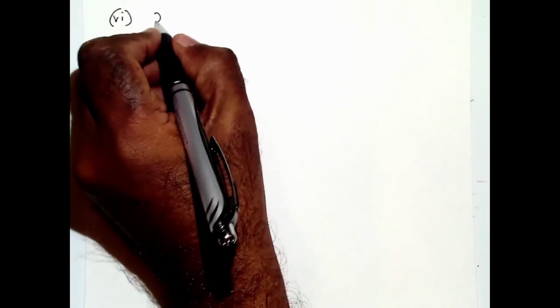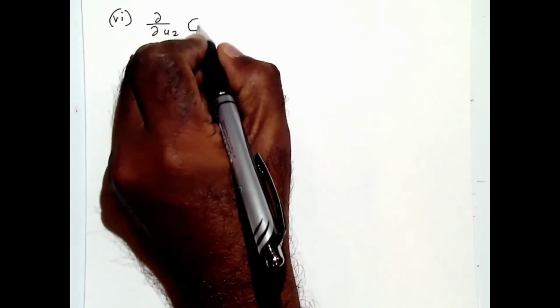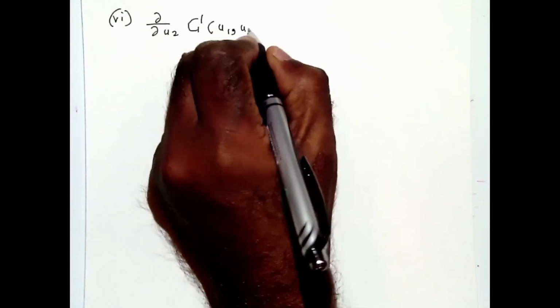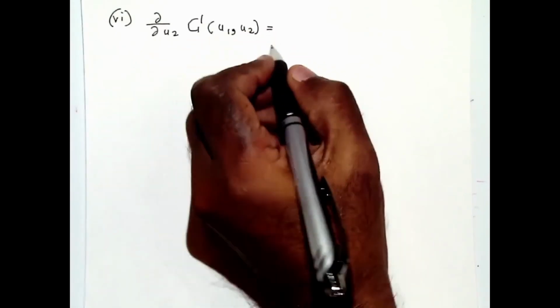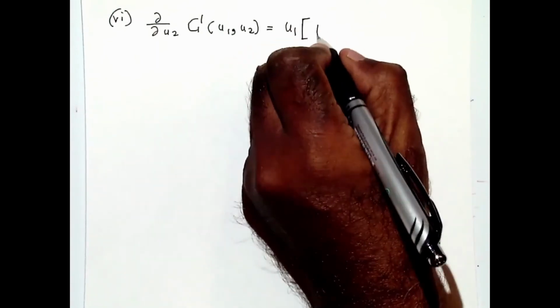Now, condition 6 is a similar argument. So condition 6. After using the product rule, this is what you will get.